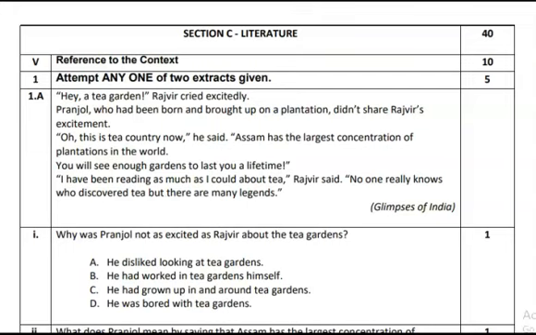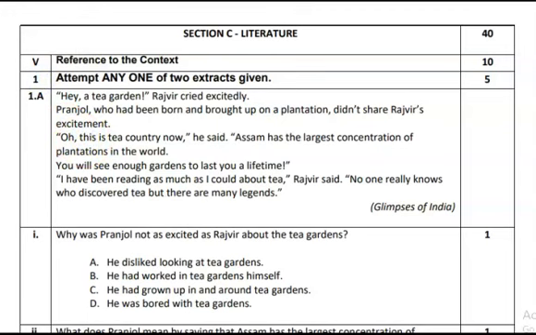When you are going to sit for the final examination on 27th February 2023, that means the next month, and when you get the question paper in your hand, do not begin writing the answer. First of all, look at the two extracts carefully. For example, this is question number 1 under reference to the context question.